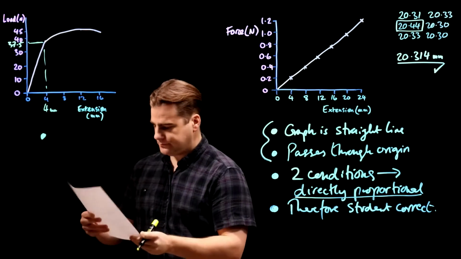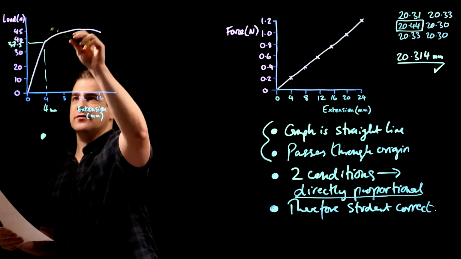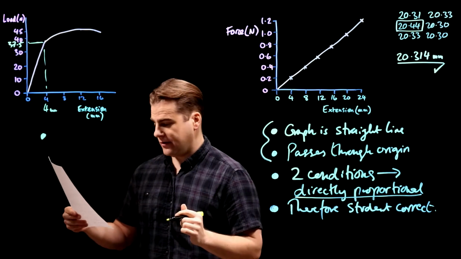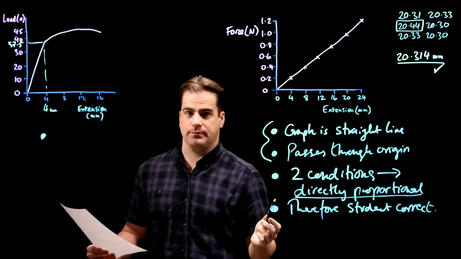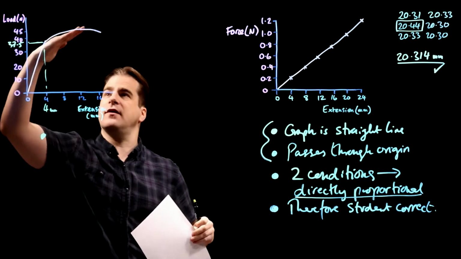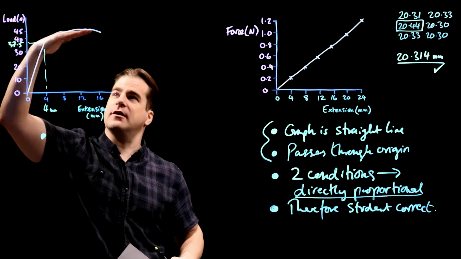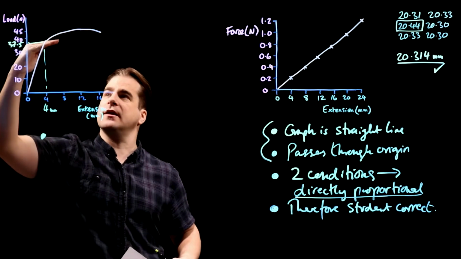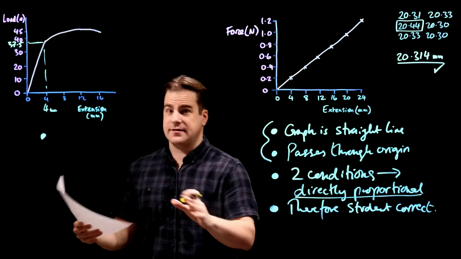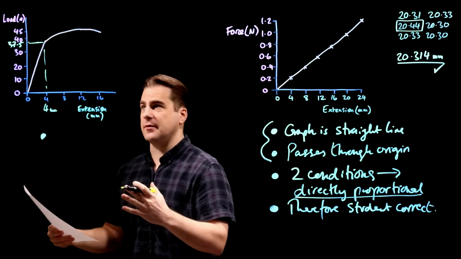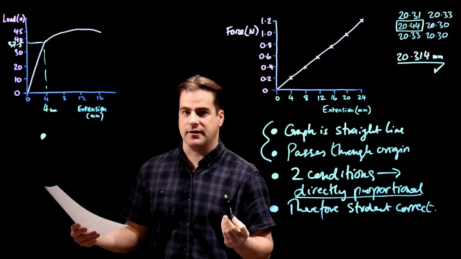So above extensions of 4 millimeters or loads of 37.5 newtons, there are large increases in extension for small increases in load. Because it's got a low gradient, if you like. It's quite flat here, so you don't need much of a load to get a large extension. So in the exam you would write above extensions of 4 millimeters or loads of 37.5 newtons, there are large increases in extension for small increases in load.